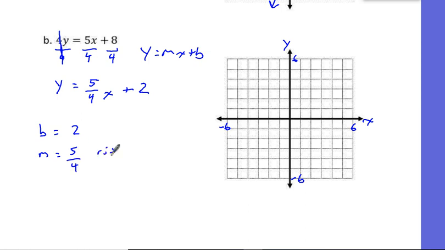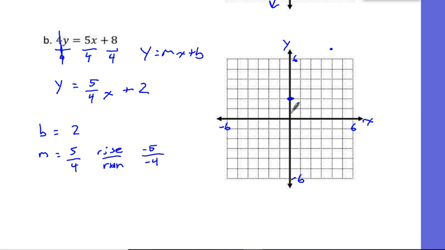Again, rise over run. So we'll start at the y-intercept, locate the y-axis, and find that point 0, 2. And then we'll count our rise, positive 5, and run to the right 4. Or we could also look at -5 divided by -4 as an equivalent slope.